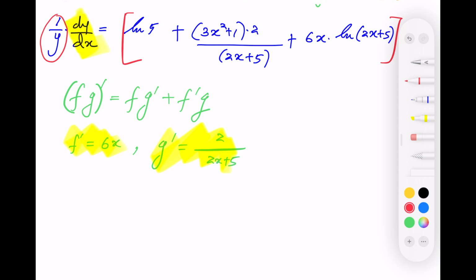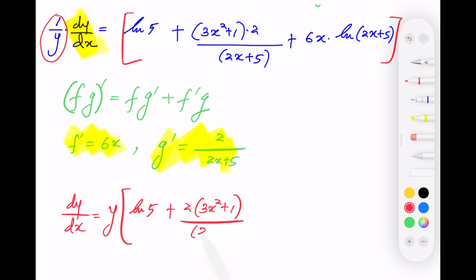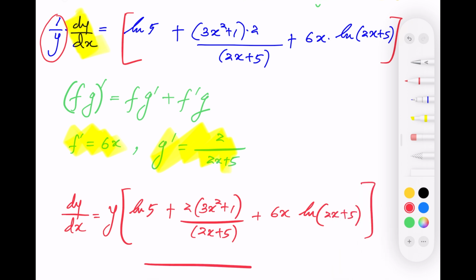When I do that, I will have dy by dx equals y times brackets natural logarithm 5 plus 2 times 3x squared plus 1 over 2x plus 5 plus 6x natural logarithm 2x plus 5, close brackets. So this is your final answer.